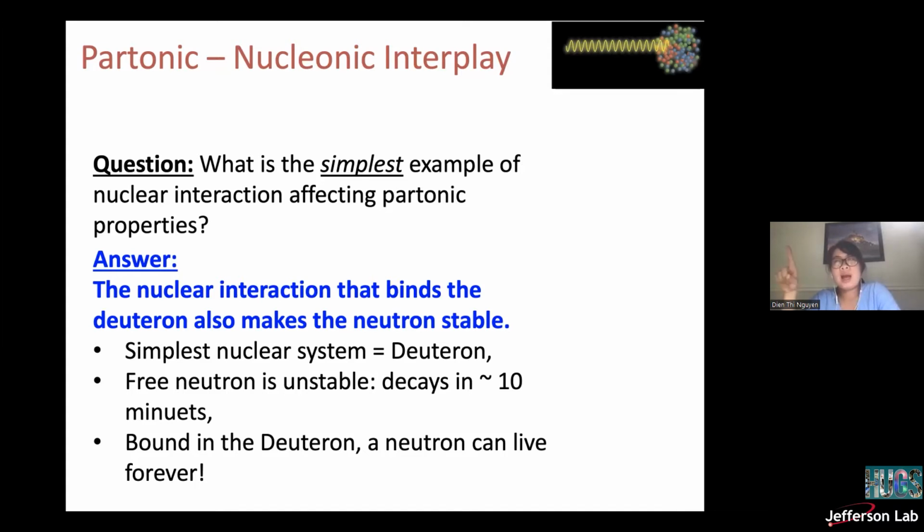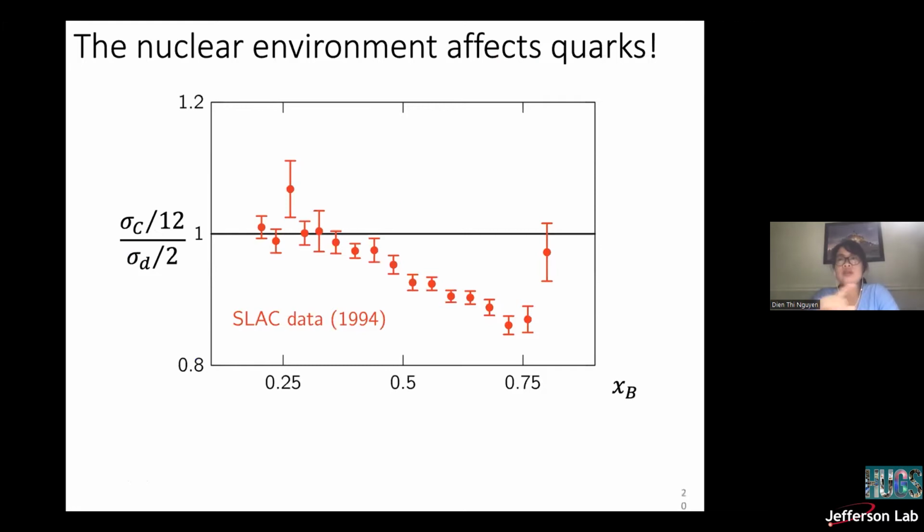Keep it in mind: we have the expectation that the binding effect, even if very small, can change the behavior of the bound nucleon compared to the free one. And then we really can see it from the data. What we are showing here is the cross section of carbon-12 as a ratio to the cross section of deuterium.